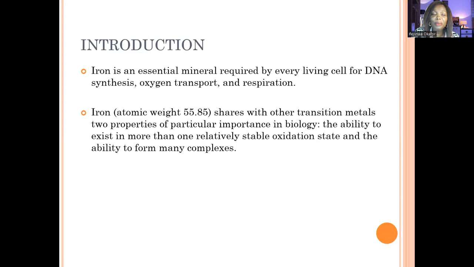They have the ability to exist in more than one relatively stable oxidation state, and they have the ability to form many complexes. So iron has the ability to form two relatively stable oxidation states, and it also has the ability to form many complexes.